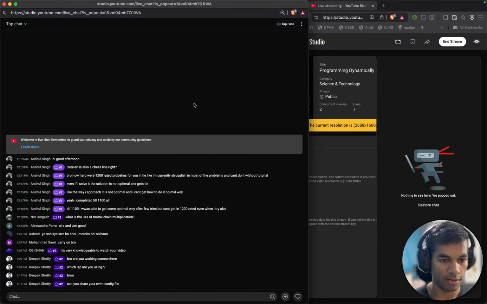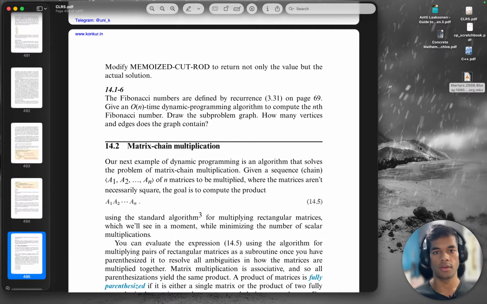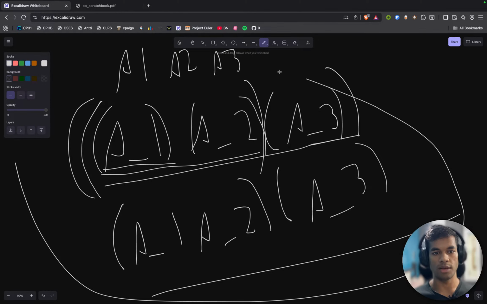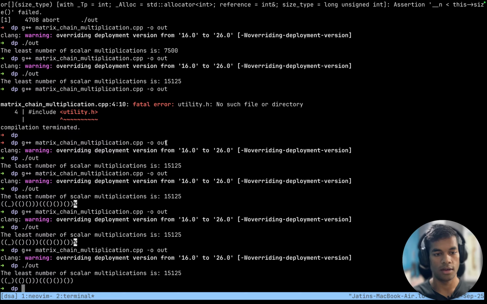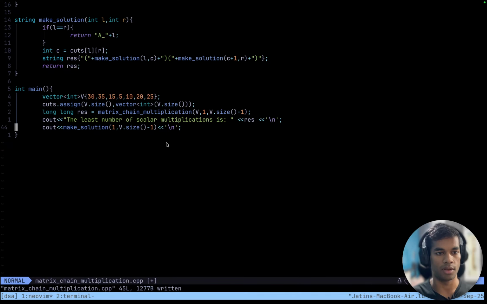Bro, are you working somewhere? Nope, I'm not working. I'm not using any LSP right now. Yeah, I'm writing without any LSP because I'm on a Mac and I'm using G++, which is GNU compiler, and it does not talk well to the GNU libraries, which I am using with my compiler, and the LSP is ClangD, which is by Clang.